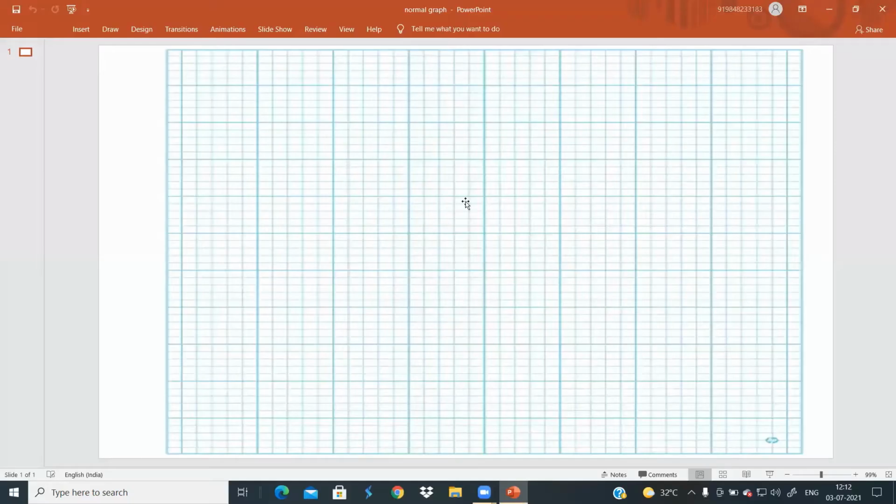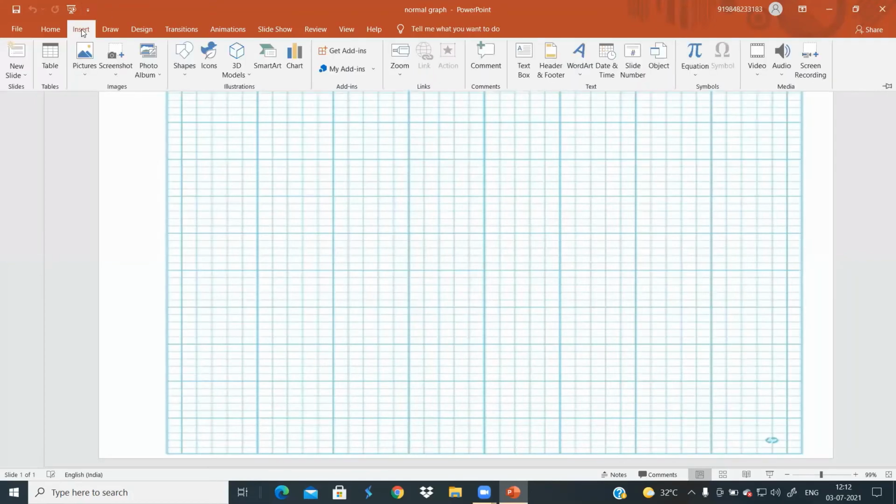Now, we will start drawing the graph, that is the sine wave of your Hartley oscillator. So now on y-axis we consider voltage and on x-axis we consider the time period. We have the values of the time period and we have the values of voltage from the CRO which we have collected. So now here we will draw the y-axis.